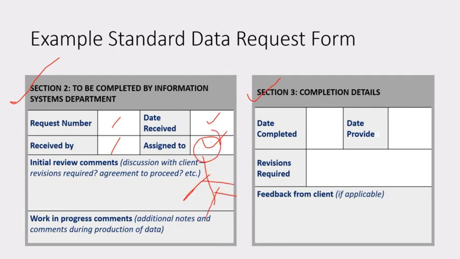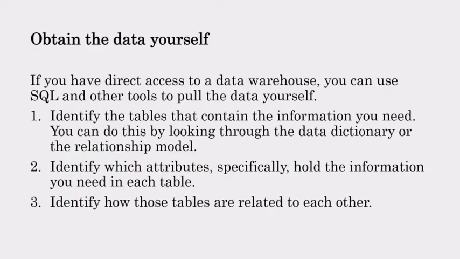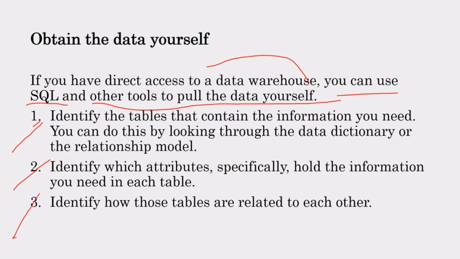And to obtain the data by yourself, if you have direct access to the data warehouse, you can use SQL and other tools to pull the data yourself. You need to identify from which table you want data, which attributes, and how those tables are related to each other. So in this case you need to have an idea about the relational database.